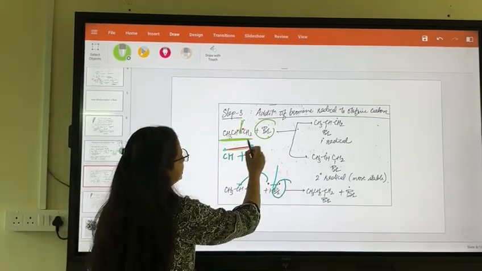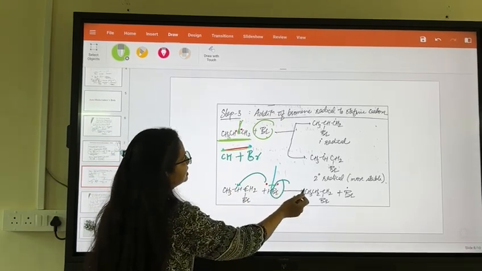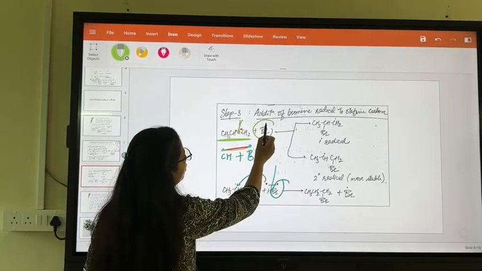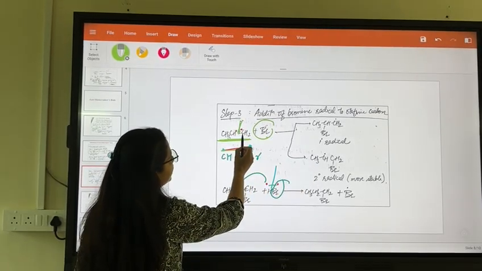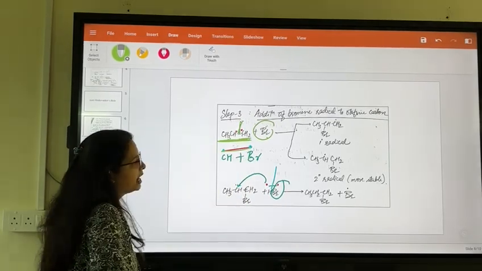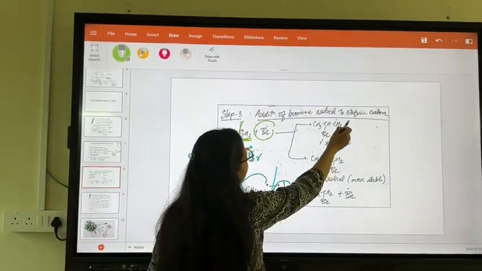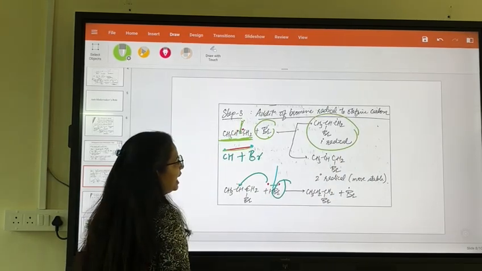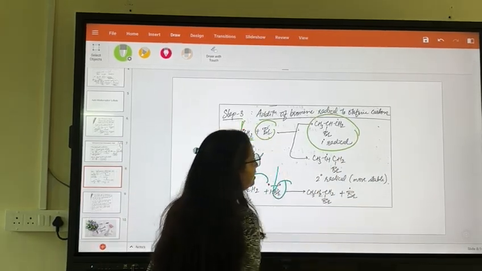So this is the first scenario which can happen, and in the second scenario, this bromine can attach to the carbon which has higher number of hydrogen. So there can be formation of primary radical, and there can be formation of secondary radical.